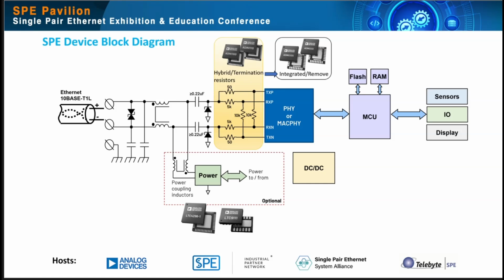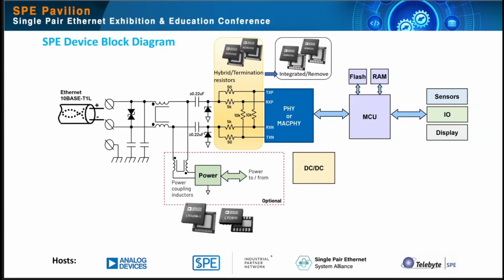So we've got ESD diodes or protection capacitors, and a common mode choke to reduce the emissions of the ports. If you're running power over a single pair, you would typically have coupling inductors. And oftentimes we would see data coupled in with capacitors.